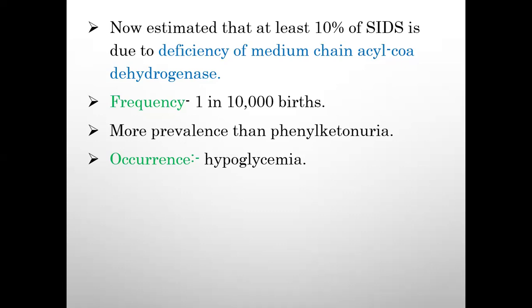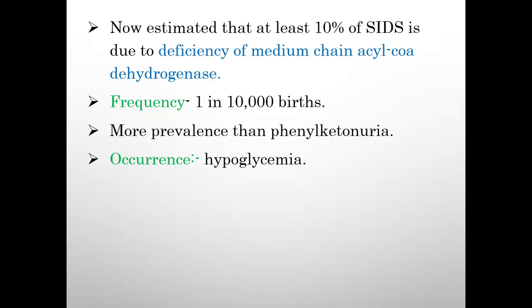We discussed that acyl-CoA dehydrogenase is the catalyst specific for a particular range of carbon chain fatty acids. We have short chain, very long chain, and medium chain. So this is a result of deficiency of medium chain acyl-CoA dehydrogenase, and the frequency is 1 in 10,000 births. So 1 out of 10,000 births suffers this, and it is more prevalent than phenylketonuria.